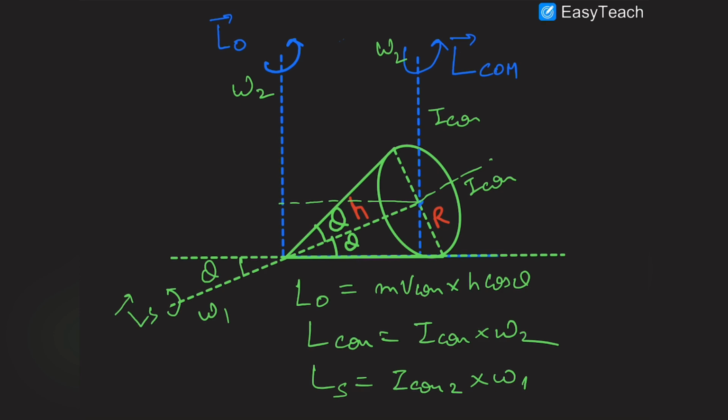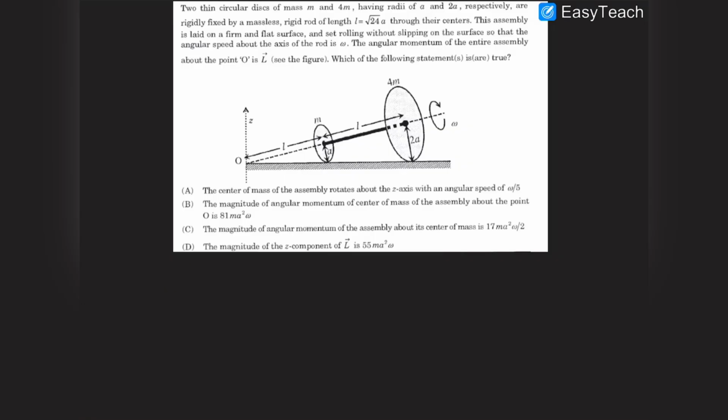Now in the history of JEE Advanced, there is only one time, in 2016, that a question has been presented on this concept, so let us discuss that question. This is the question I was referring to in the video, presented in JEE Advanced 2016.